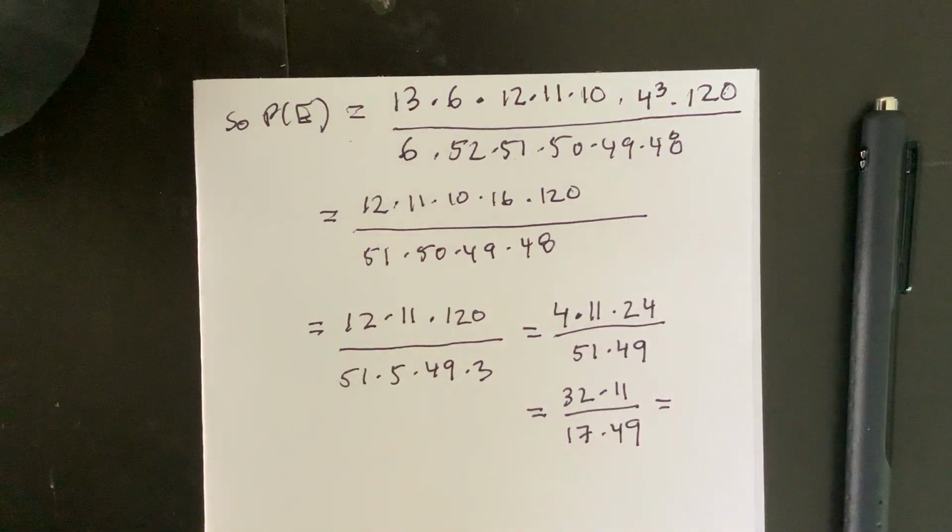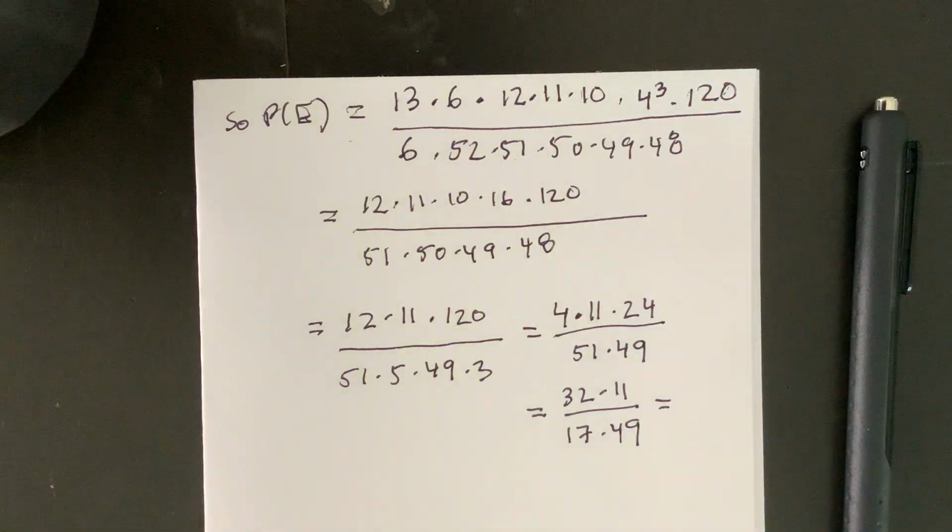Let me see the phone. We do this on the phone. The phone's not working now. Okay, we get, let's see, hopefully it's right. 32 times 11 divided by 49 divided by 17.